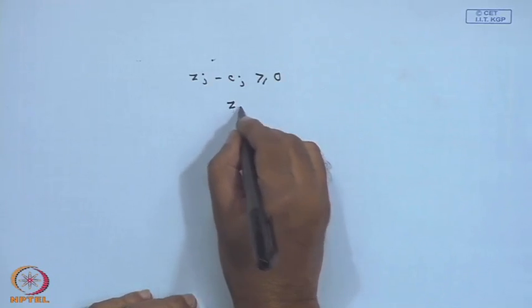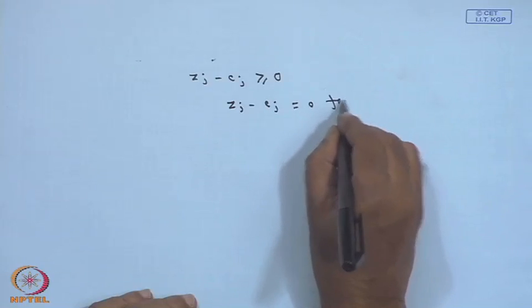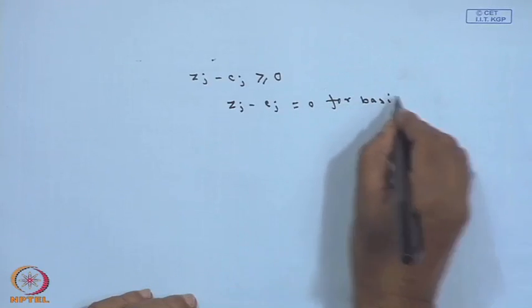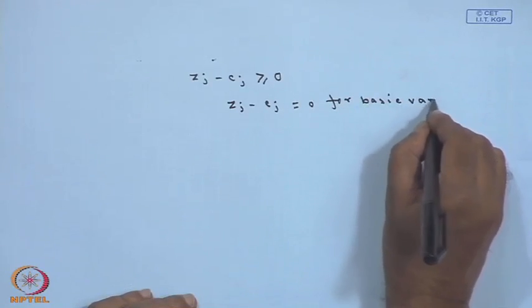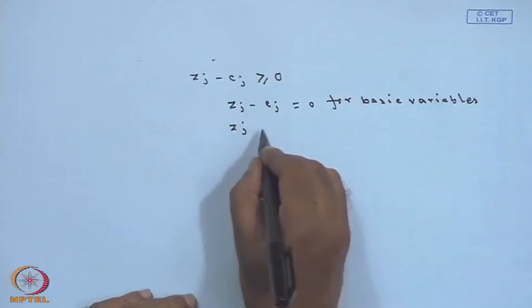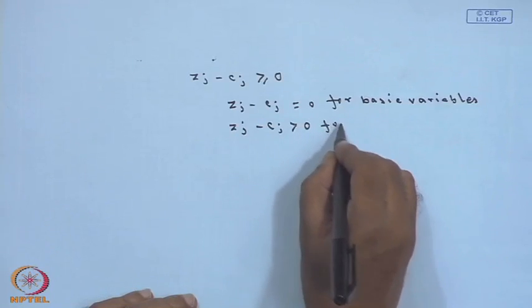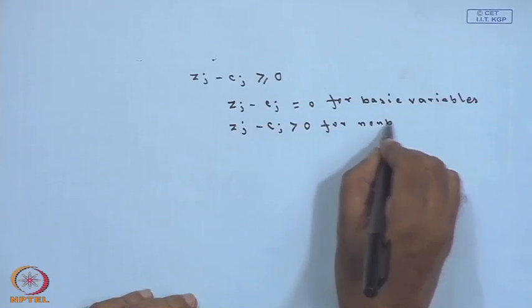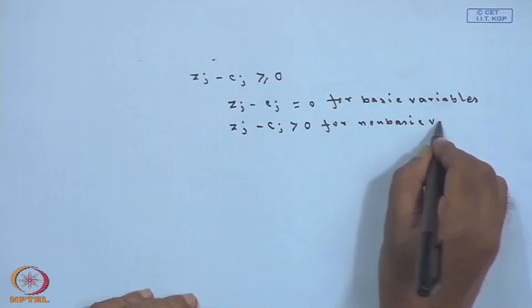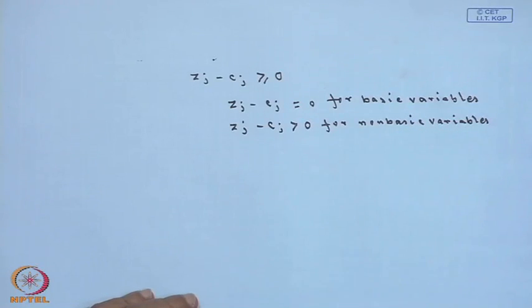Now, whenever Zj minus Cj is equal to 0 for basic variables, and Zj minus Cj is strictly greater than 0 for non-basic variables, in that case we say that the solution is an optimal BFS, and that it is a unique one.